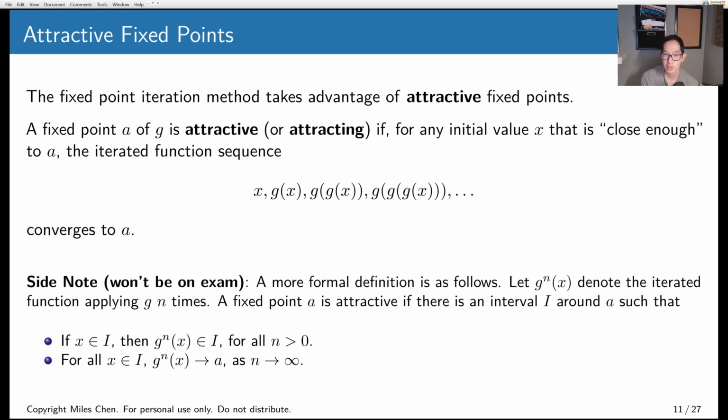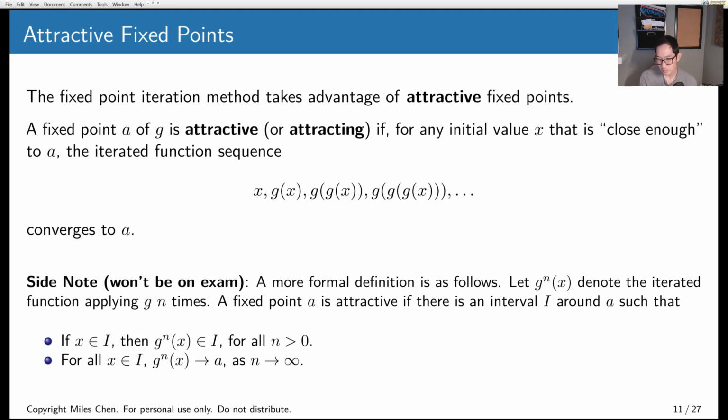A fixed point is attractive if you can start off at any arbitrary value x that is close enough to your fixed point a, then as you apply the function repeatedly, so you start at x, then g of x, and then apply g to that output as well, eventually it will converge to a. If that's the case, then that is an attractive fixed point.